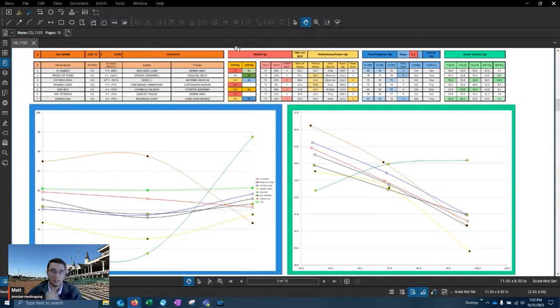Moving to the right, this red section includes both the model tiering system, which tiers these horses based solely off model calculations, and then the ever so important ACH ratings.